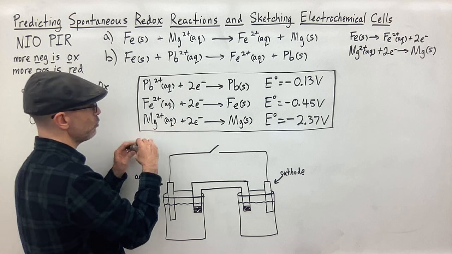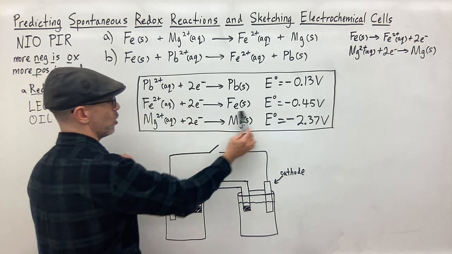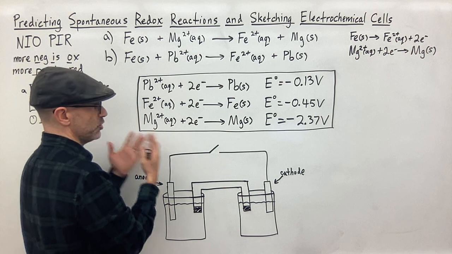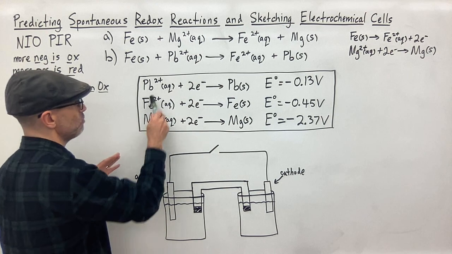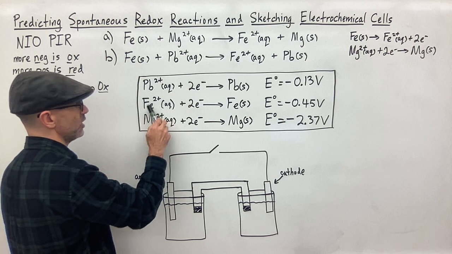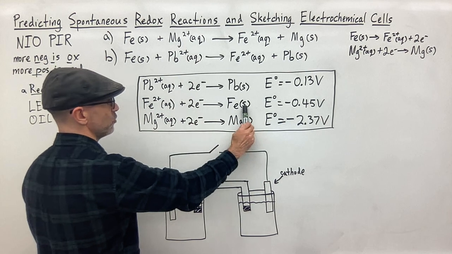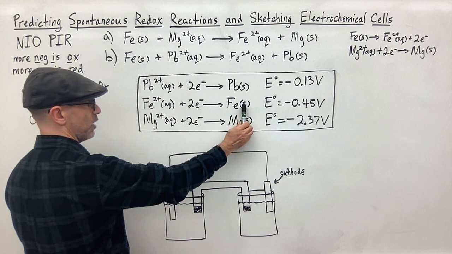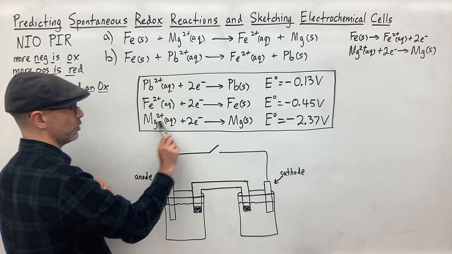So we would keep iron in this way, since iron is more likely to undergo reduction. It's more of a stronger reducing substance. It's not reducing, but it most likely wants to undergo reduction. So this is what we want to keep in this way. It's already written in the reduction form, so we'll keep it that way. This one, if we're going to write the spontaneous reaction, we would have to flip.